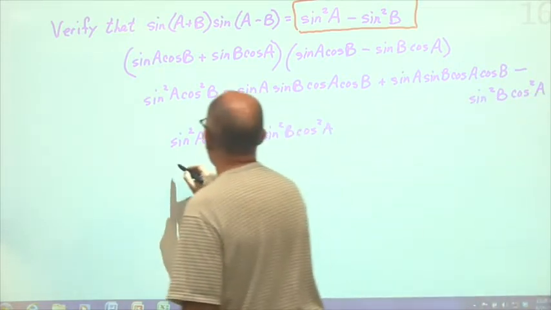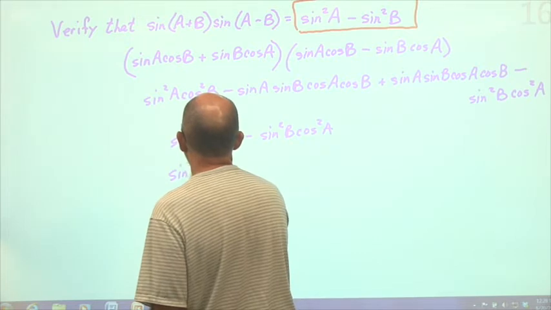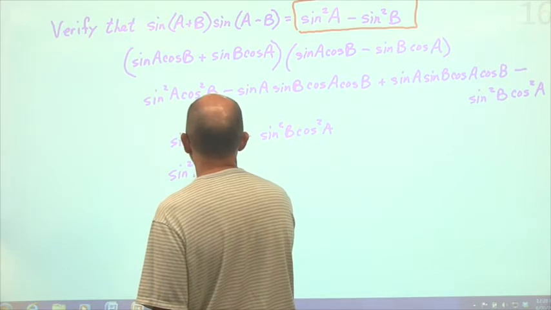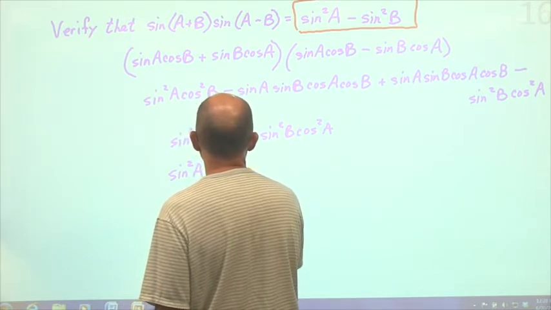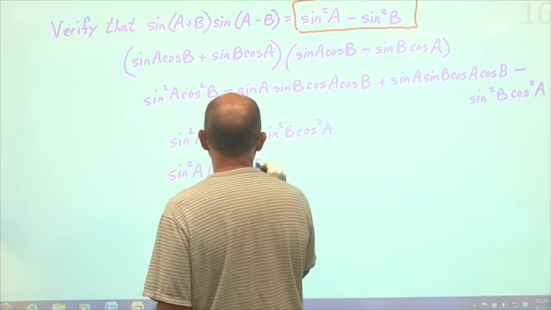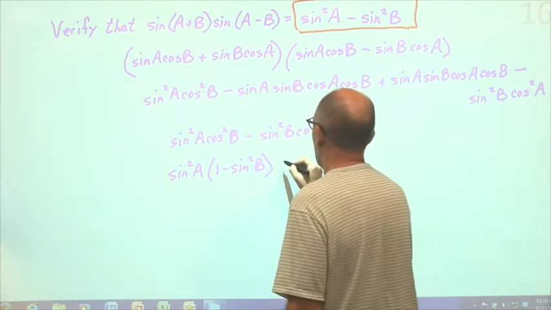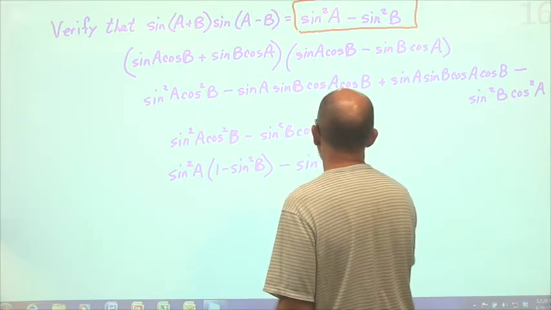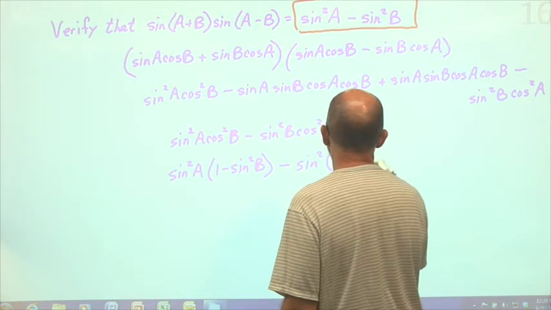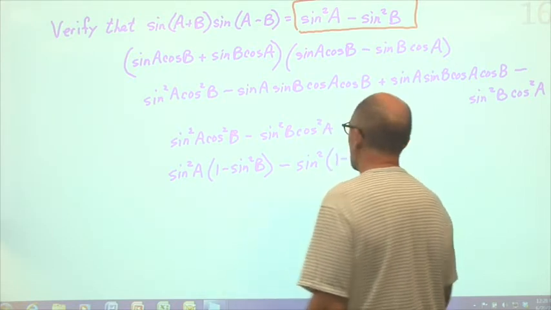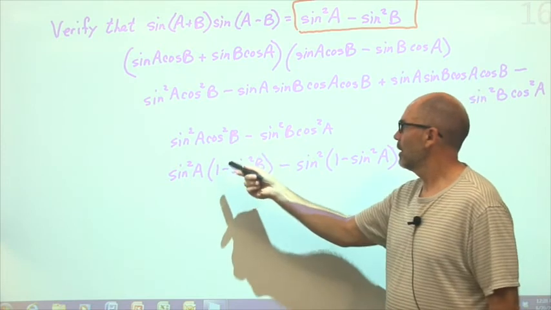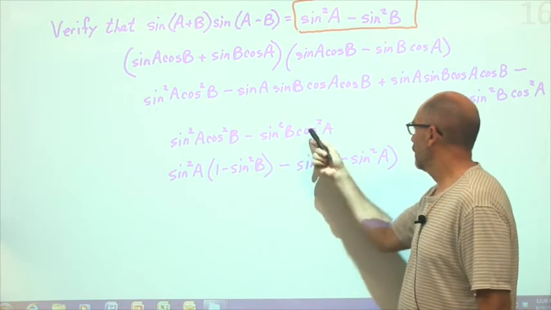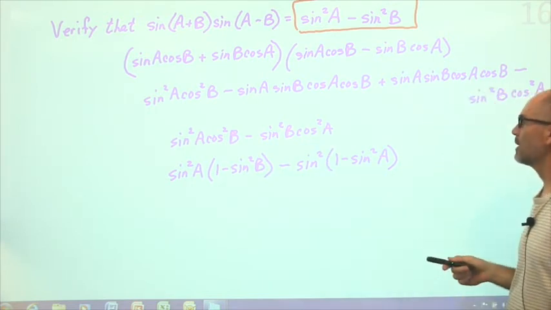So that means we go sine squared A times 1 minus sine squared B. And then we have minus sine squared B times 1 minus sine squared A. Because sine squared plus cosine squared equals 1, so cosine squared equals 1 minus sine squared. So that's all I did for both of the cosine squareds.